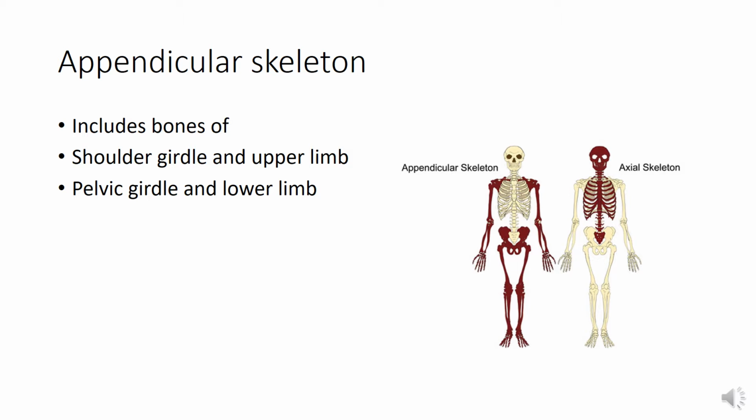So you can see here, as I have told you before, the bones of the appendicular skeleton include the shoulder girdle and the upper limb. Now the bones of the shoulder girdle include the clavicle and scapula.